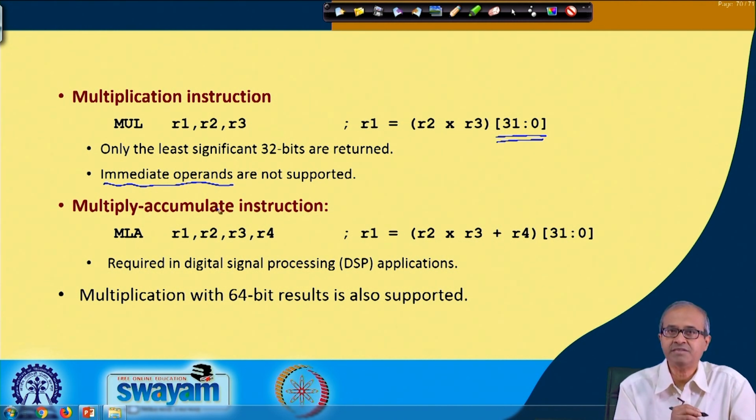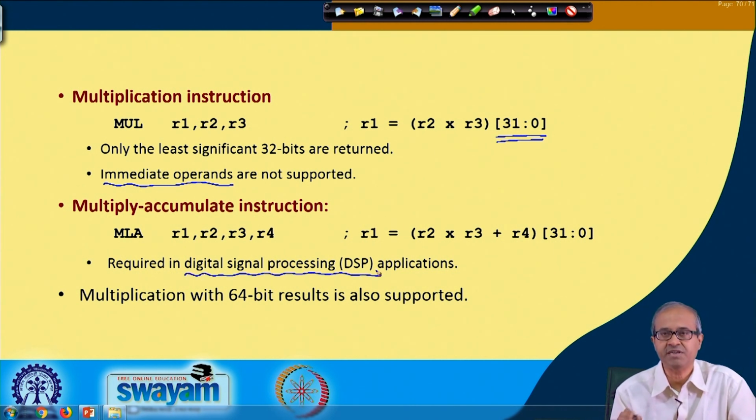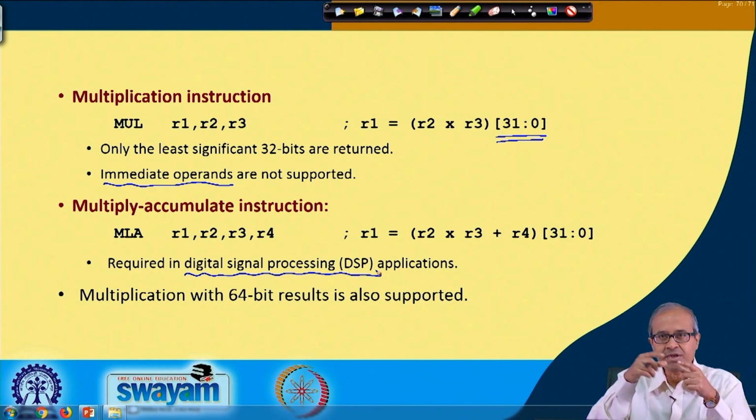And there is another instruction which is very much useful for digital signal processing or DSP applications. This is called multiply and accumulate. There you need to continuously multiply a number with some other number and add to another value continuously.